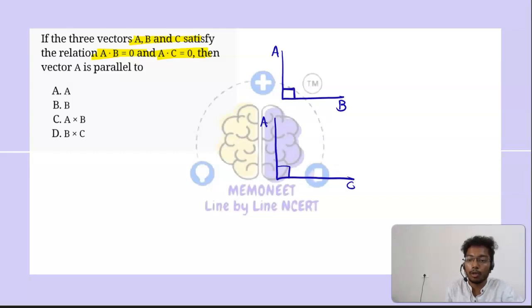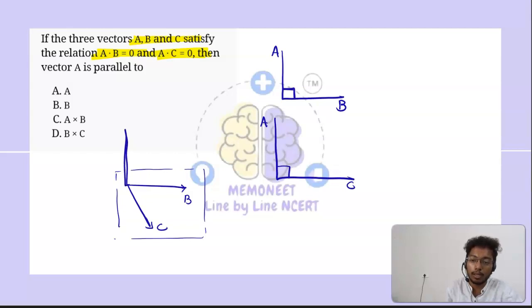So when we take the cross product of b and c, let's say these two are in the same plane. When we cross b and c, we get a product in the direction perpendicular to the b and c vectors.